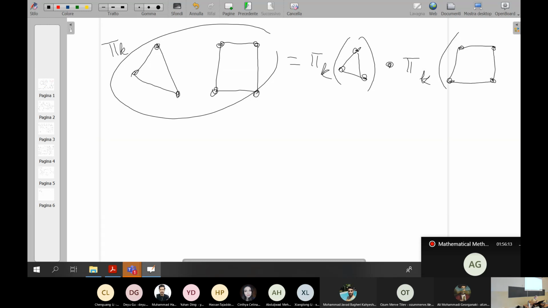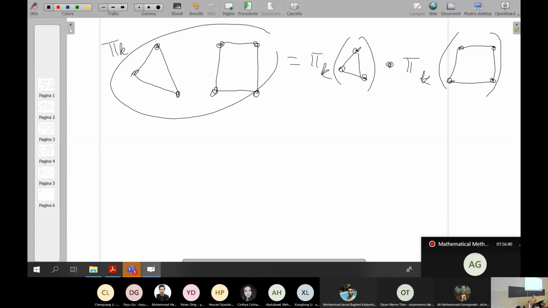Why? Because now the coloring of the two components is independent. For each coloring of this component, I have all possible colorings of this, and for each coloring of this, I have all possible colorings of this, and so you have this product.